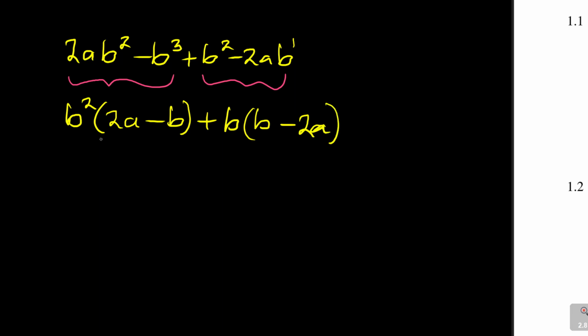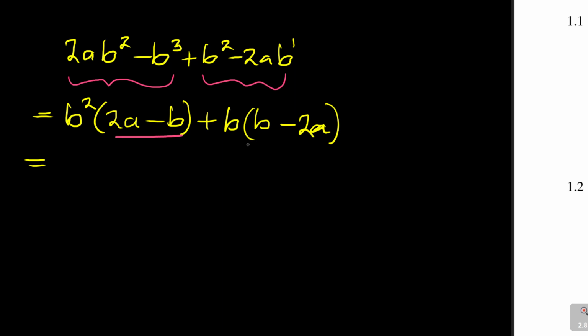Now this is very interesting. I need you to pay close attention now. Look at what is in the brackets. In the bracket, I've got 2a minus b, which is fine. 2a is positive, you see. But in the other one, I've got the negative 2a and the positive b, which means the signs are interchanging in the second bracket.